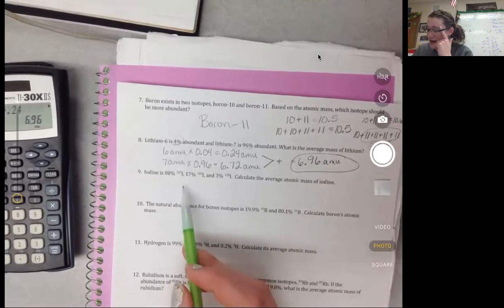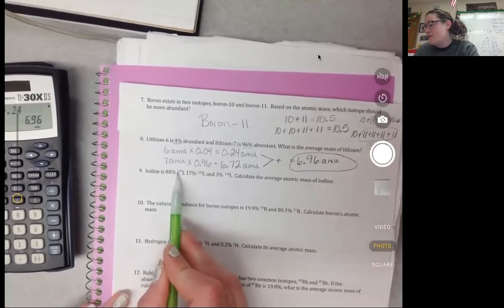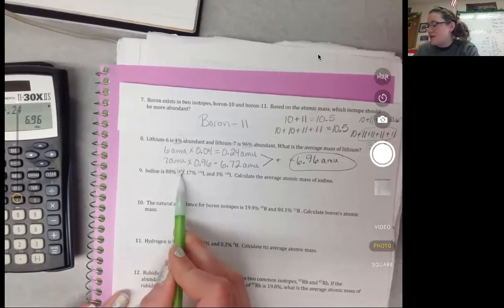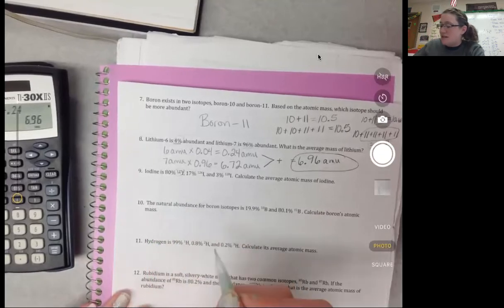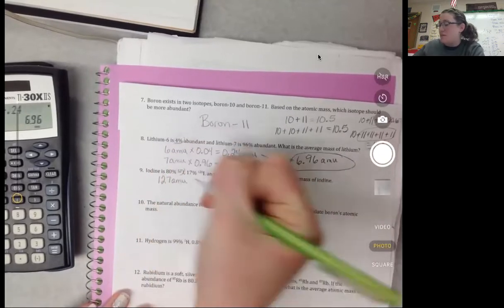Let's look at iodine. Iodine is 80% of this. Remember that the top number is our mass number, so this is actually iodine 127. If it's iodine 127, we're going to say it has a mass of 127 AMUs.